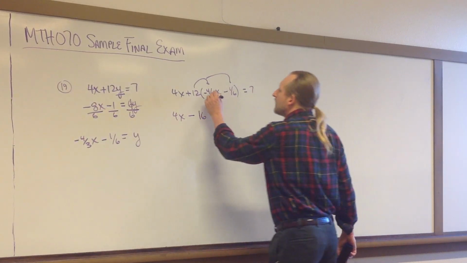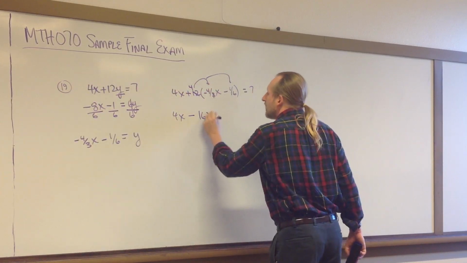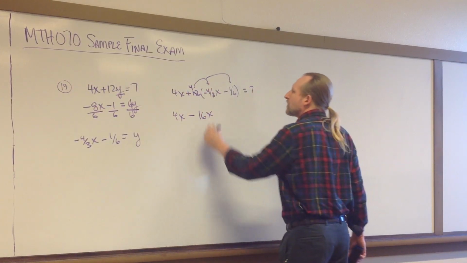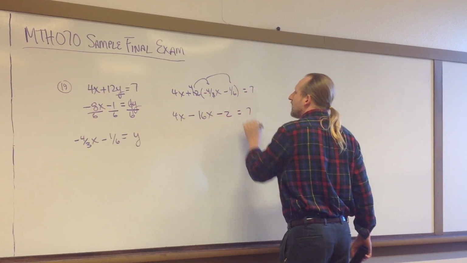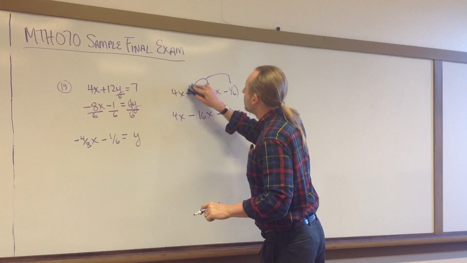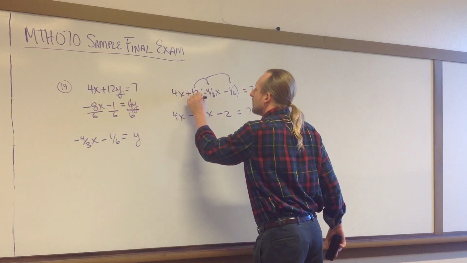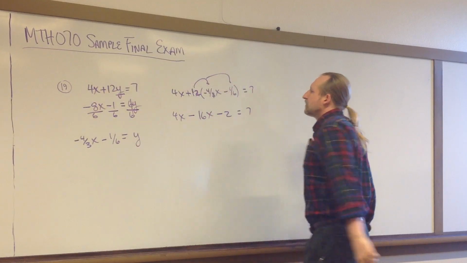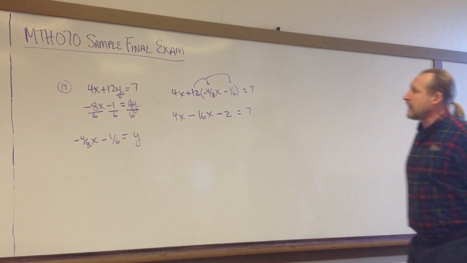Because the 3 goes into 12 4 times, 4 is 16, and then we still have the x there. Here, 12 times negative 1/6 will be minus 2. Actually, we've got to use that 12 again. I don't want to cross it out because we got to multiply the 12 times 1/6. Okay. So that worked out really nicely.